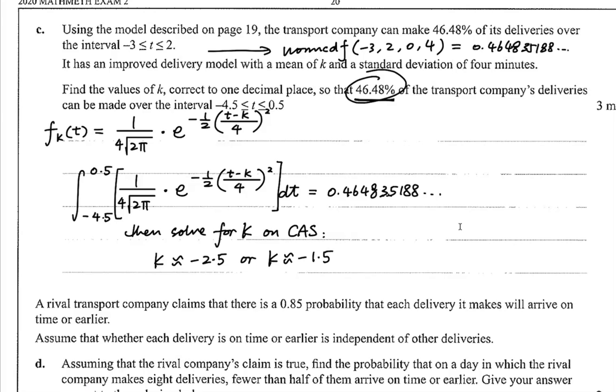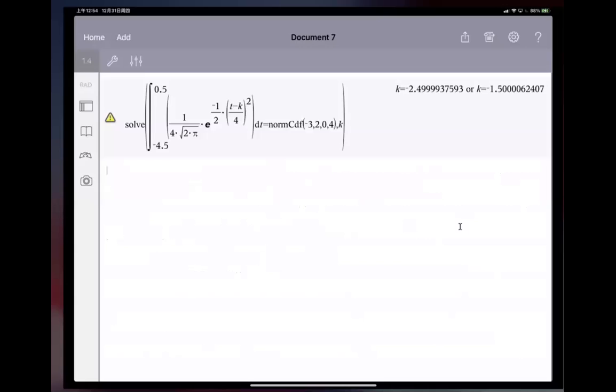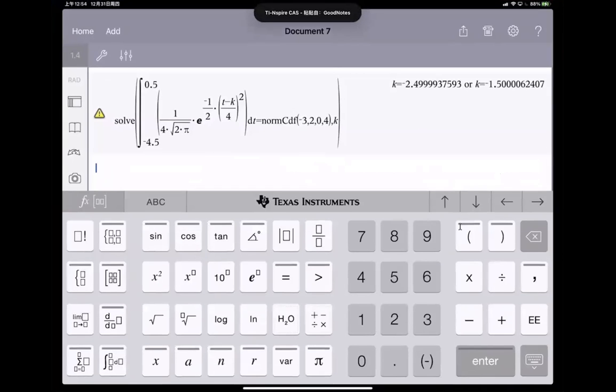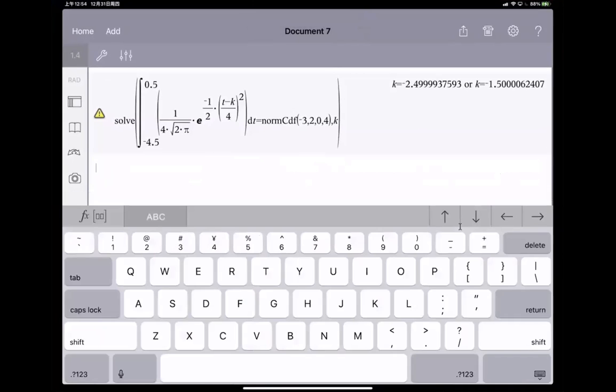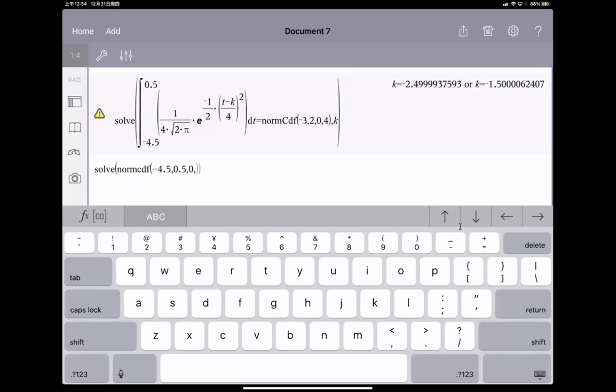Alternatively, you could try the following commands on your CAS calculator. Let's have a look. Solve button, norm CDF. We're going from minus 4.5 to 0.5 and 0, no. This is the new norm CDF with the new mean value k, but the same standard deviation 4.